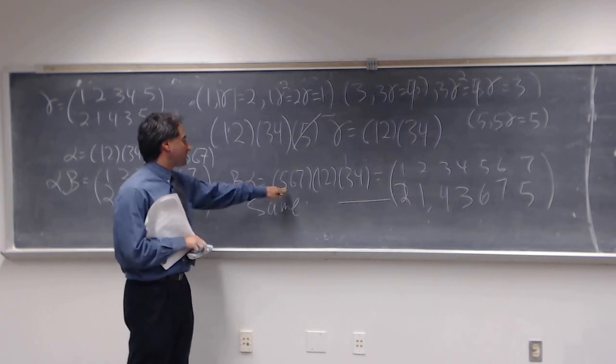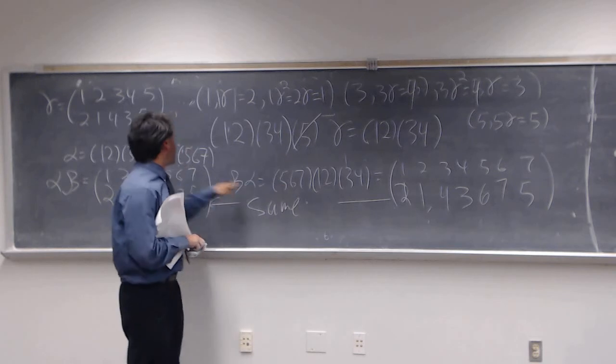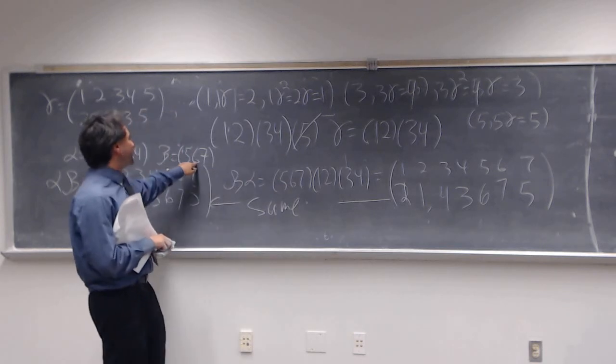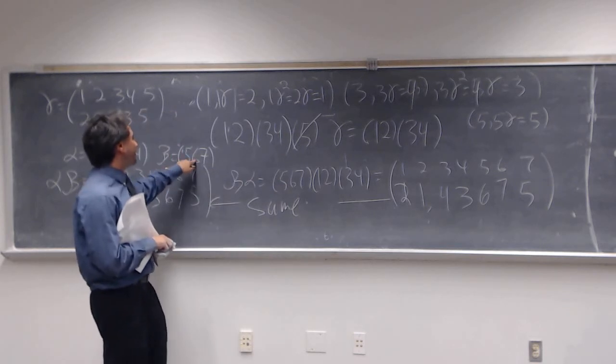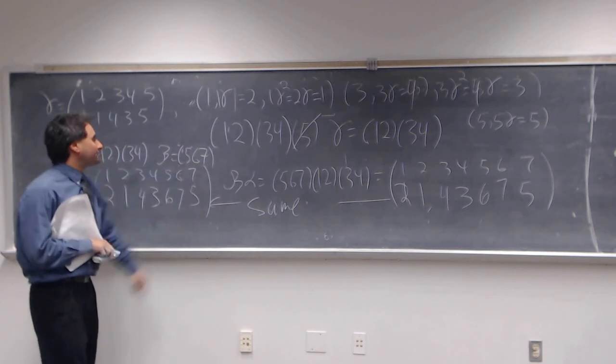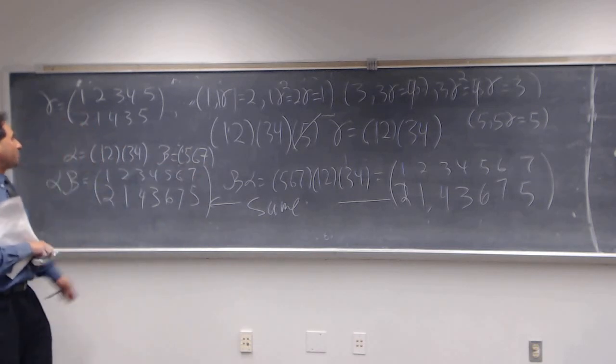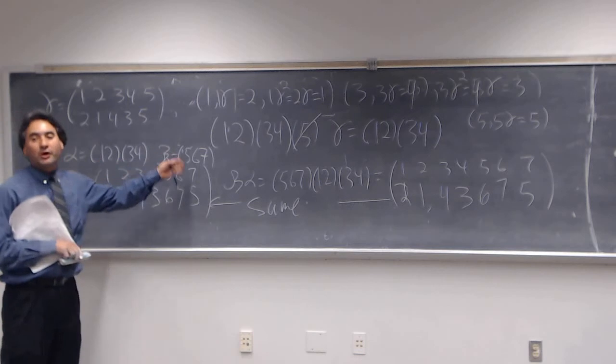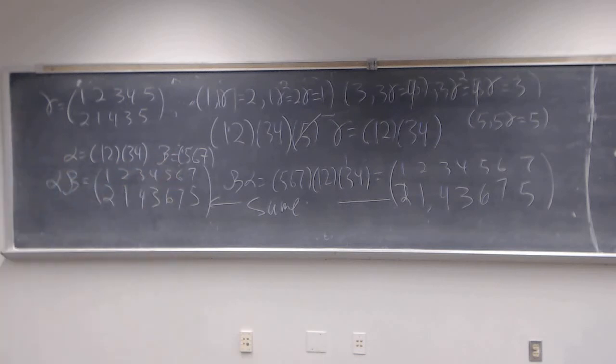If you apply beta 3 times to 6, it goes back to 6. If you apply beta 3 times to 7, it goes back to 7. If you apply beta to 1, beta of 1 equals 1. So certainly applying beta 3 times to 1 will fix it. The other elements that we don't see in the cycle are fixed by any power of beta.